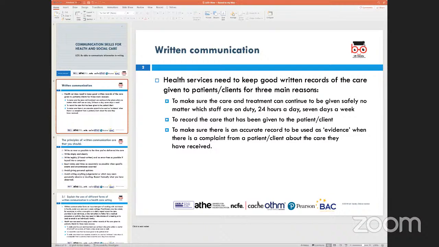There are other advantages as well. Sometimes you want written communication to be available to a wider audience, for example a notice or a memo sent across the organization.